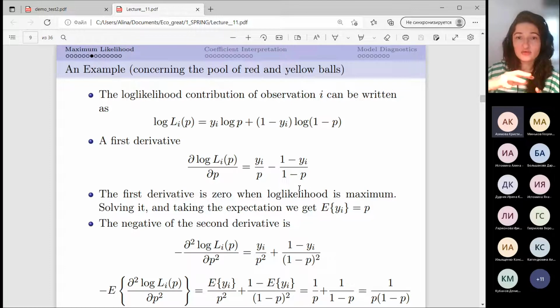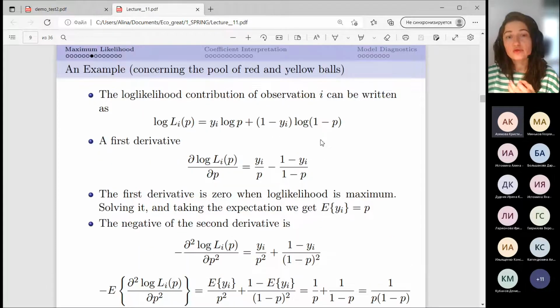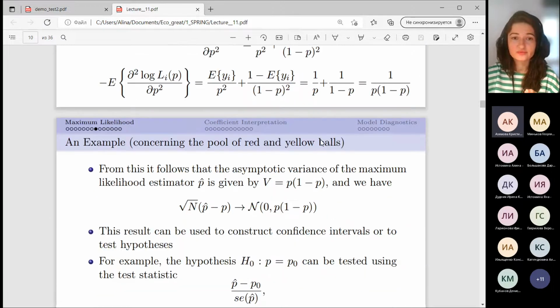If you need to prove that you have the maximum, in this case, you can find the second order derivative, and this derivative will show that this is indeed a maximum, not a minimum. That is the easy idea of what you need to do when you want to use the maximum likelihood method in general.